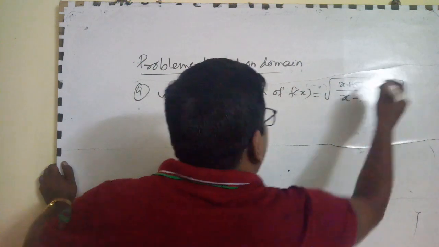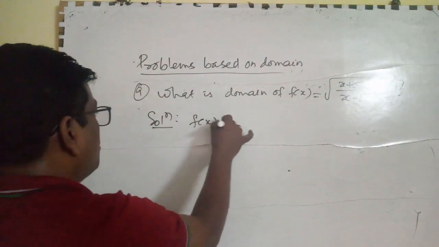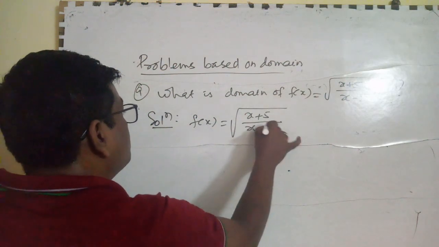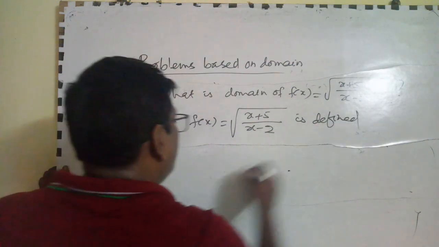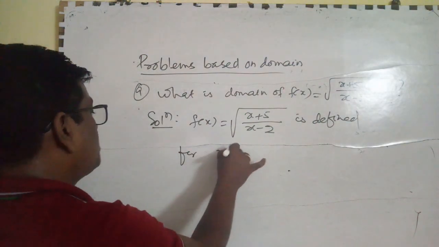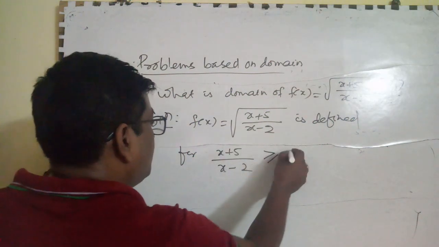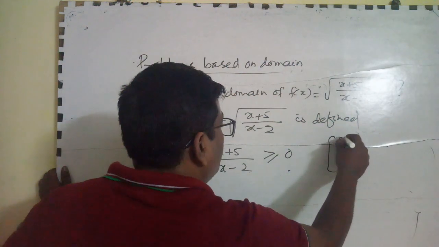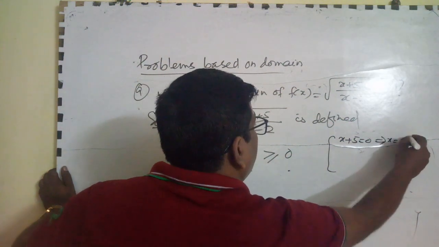Solution: f of x is equal to root over x plus 5 by x minus 2, which is defined for x plus 5 divided by x minus 2 greater than or equal to 0. Here the numerator equal to 0, meaning x plus 5 equal to 0, that implies x is equal to minus 5.